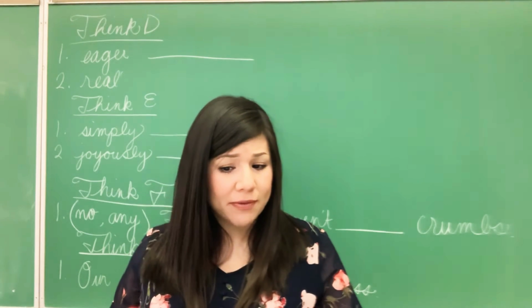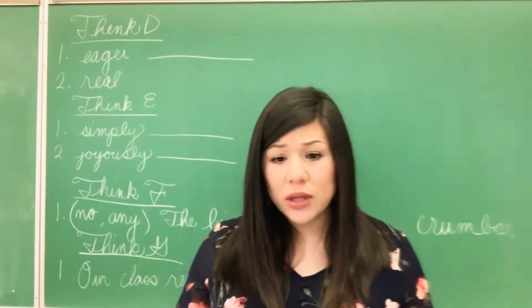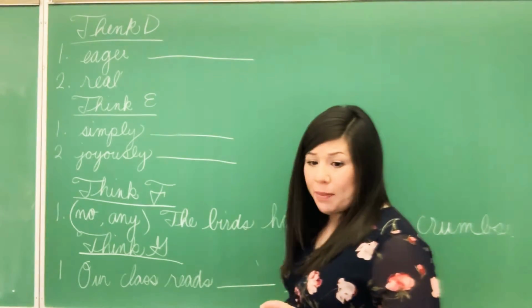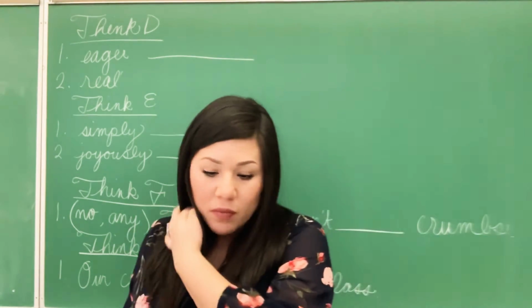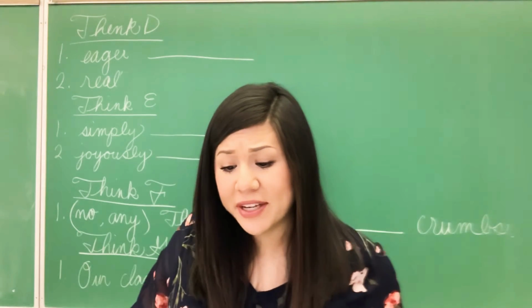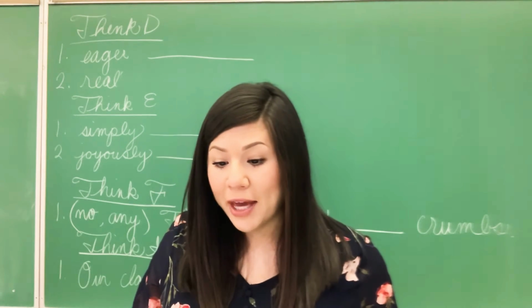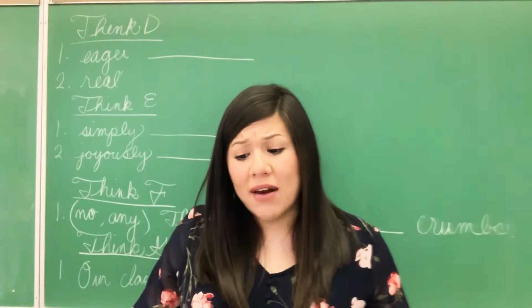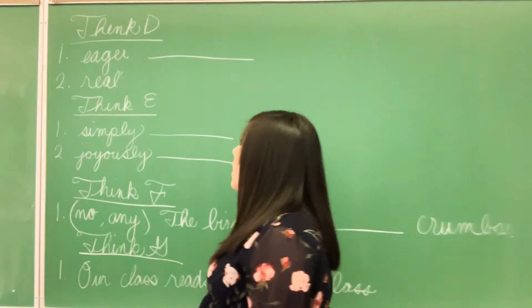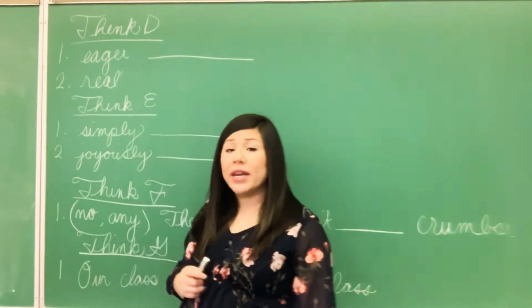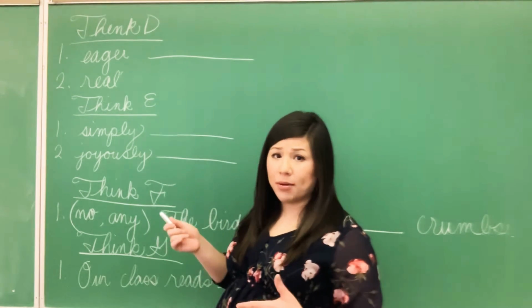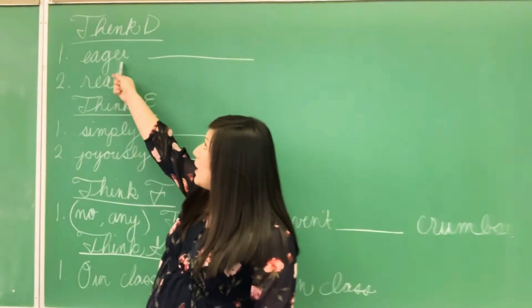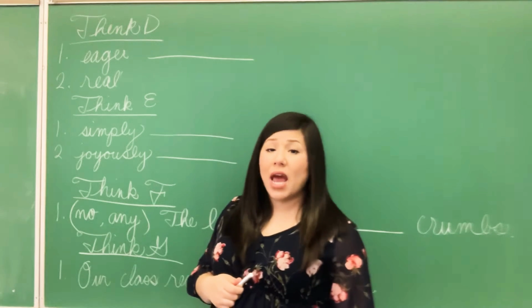Look with me at the top of page 201, and that's the only one we're gonna do today. Think D, think E, think F, and think G. So follow along with me if you can. Change the following adjectives to adverbs. So I have 2 up here. Number 1, eager. How can I change eager to an adverb? Okay, adjective is eager. How can I change it to an adverb?